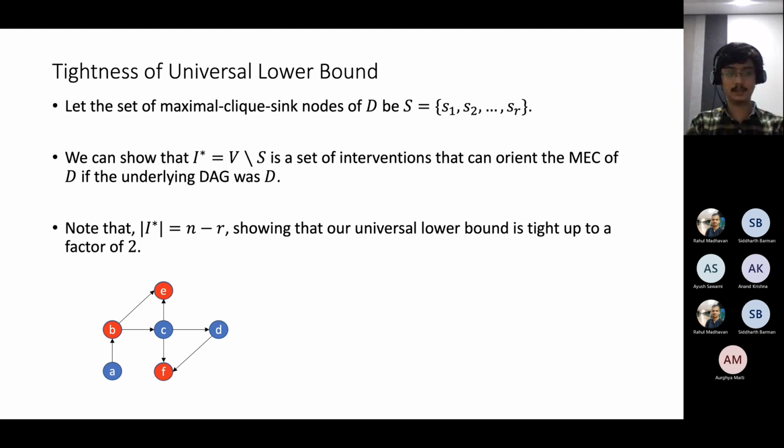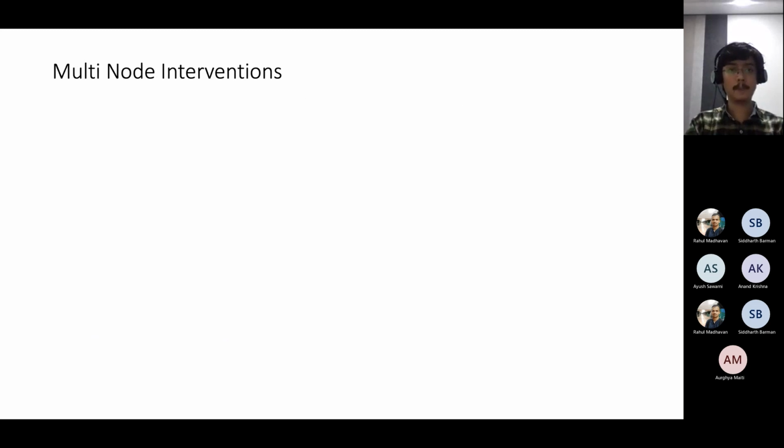For example, in this graph, I star would be A, C, D because B, E, and F are sink nodes. Just to verify, it is less than twice of N minus R by 2.